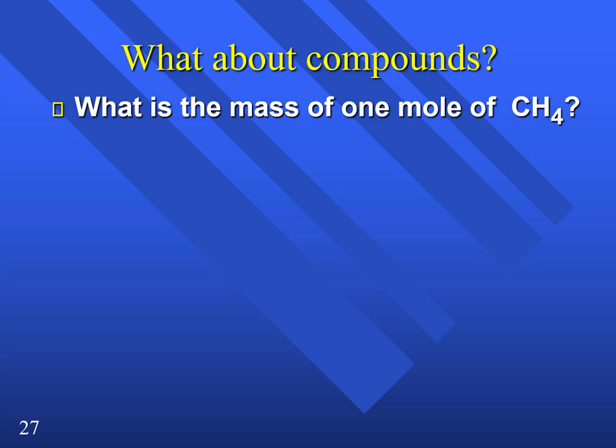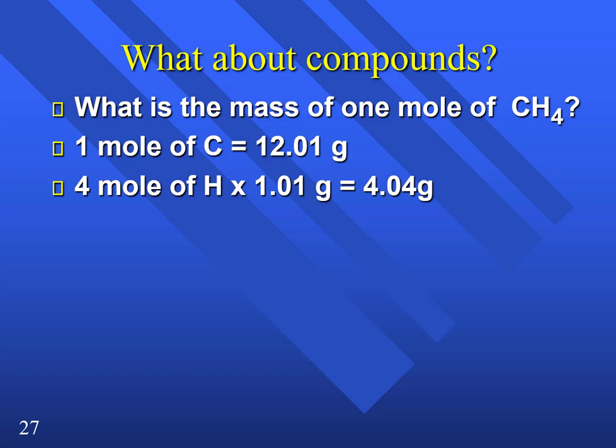On the periodic table, carbon's 12.01 grams. Hydrogen's 1.01 grams, but I've got 4 of them because there's a 4 next to hydrogen. So the same way we use subscripts to count how many atoms there were to balance, we need to be able to count how many there are to change to moles. It's the same number. So 12.01 grams from the carbon, 1.01 from the hydrogen, so 4 times 1.01 is 4.04.